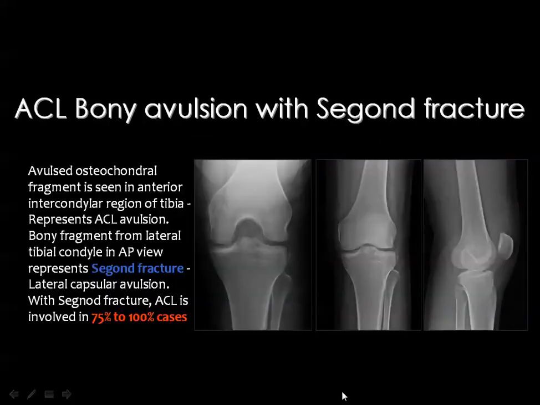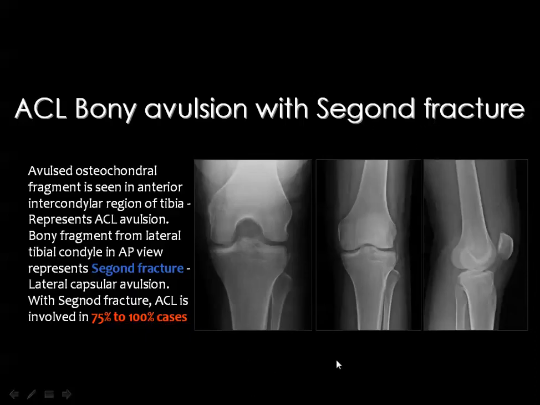Bony avulsion at the site of attachment of the anterior cruciate ligament is one of the diagnostic signs of ACL rupture in the plain X-ray. Another sign is known as the Segond fracture.